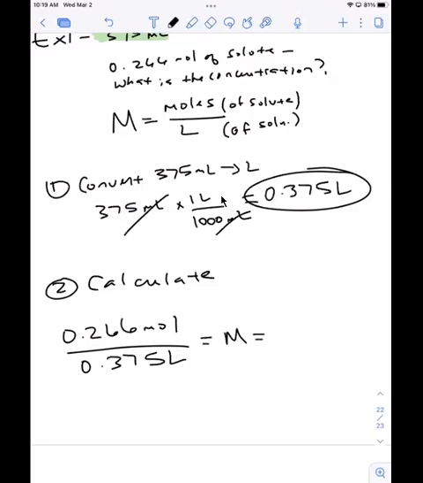0.266 moles divided by 0.375 liters. Anybody got it yet?